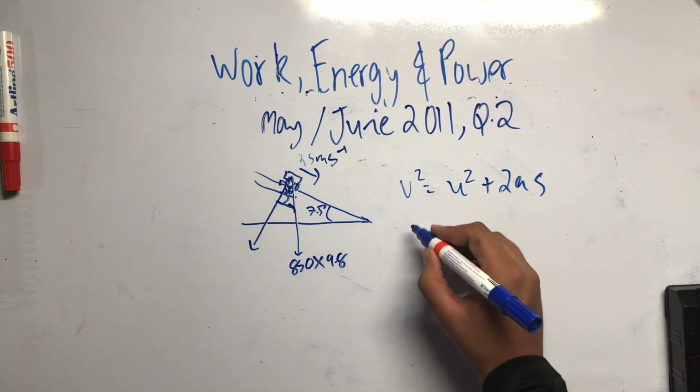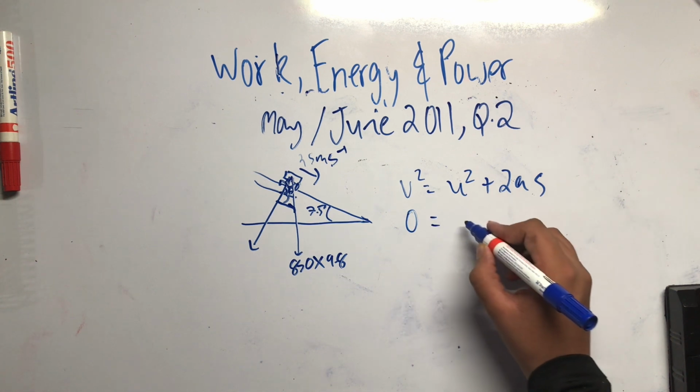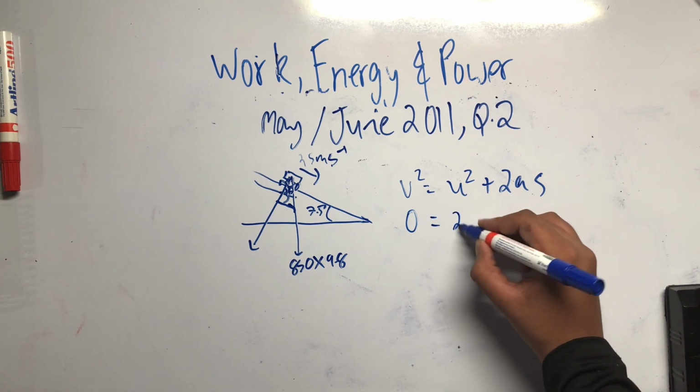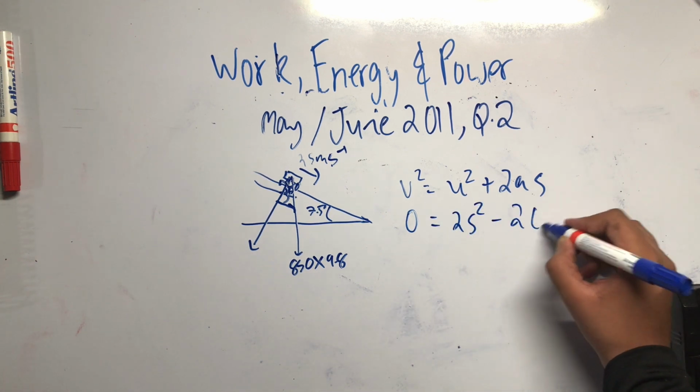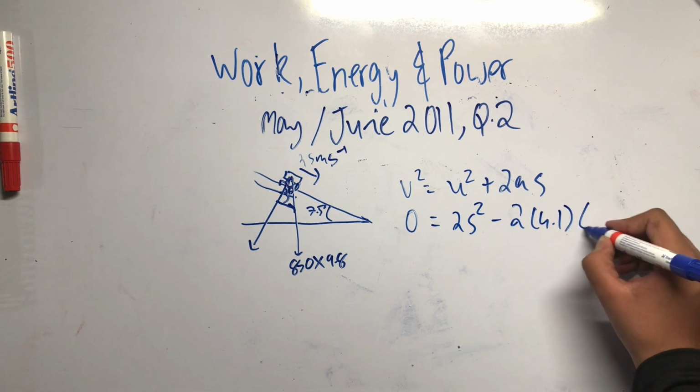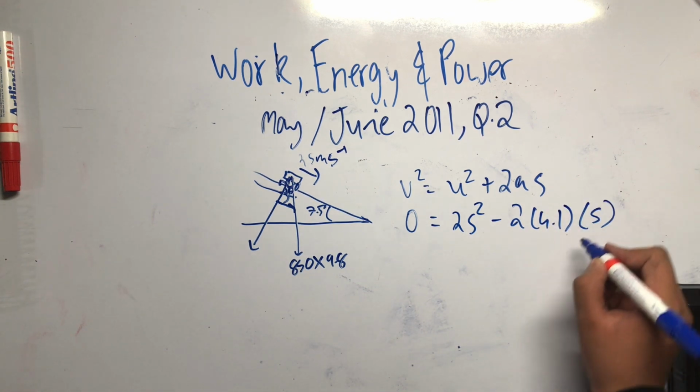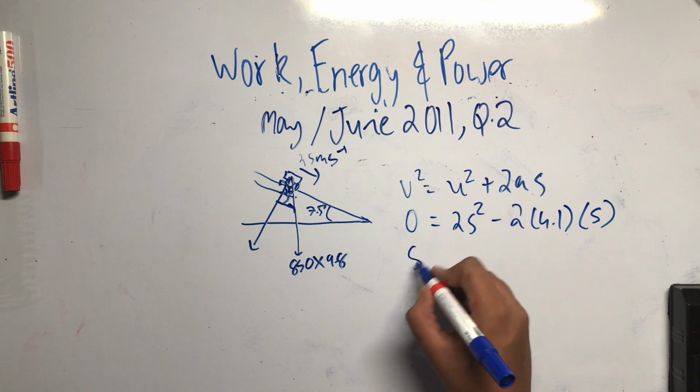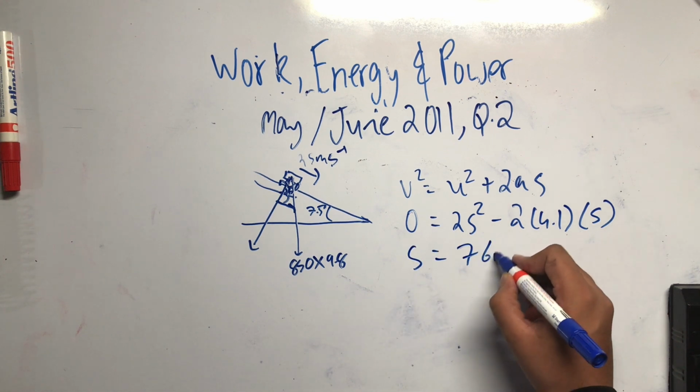Hence the final velocity when it stops, 0, is equal to 25 squared minus 2 times the deceleration times the distance. If you solve for s, you will get 76 meters.